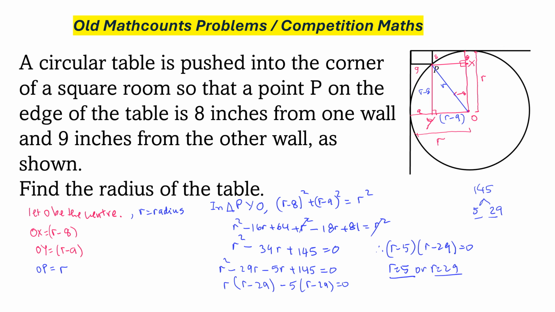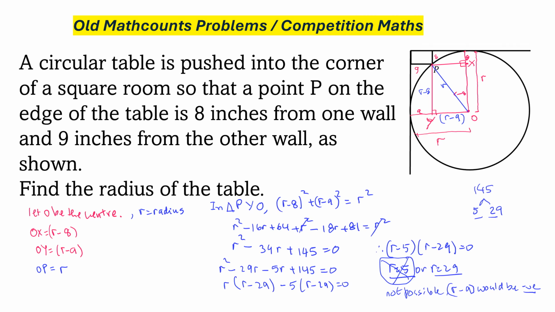Now R equals 5 is not possible. Why is it not possible? It's not possible because if R is 5, then OY would be negative. So R has to be greater than 9. So R minus 9 would be negative, and the length of a line can't be negative.